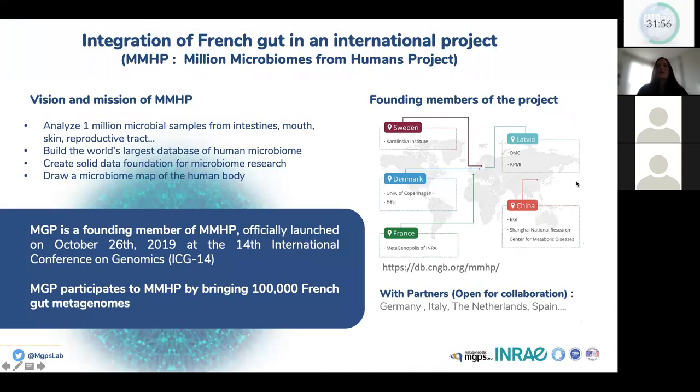So one thing that can help with this inter-variability problem is having more samples. For that, the Million Microbiome from Human project has been launched a few months ago. So it's a project that will analyze 1 million microbial samples from intestine, mouth, skin, reproductive tract, in order to build the world's largest database of human microbiome.